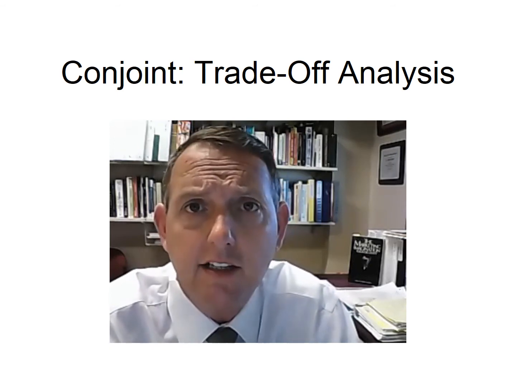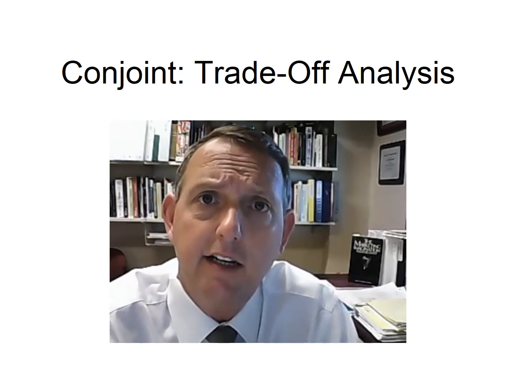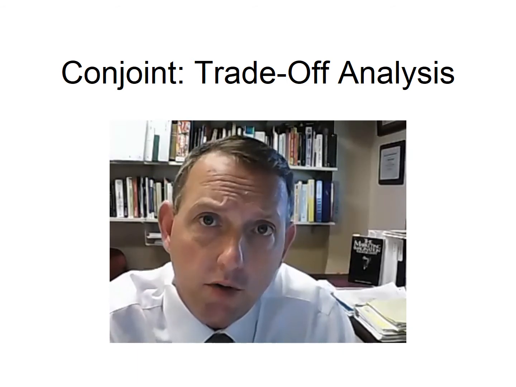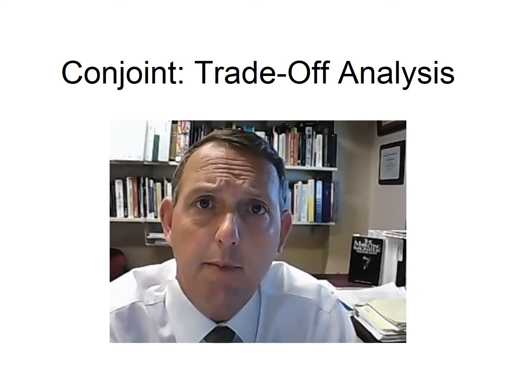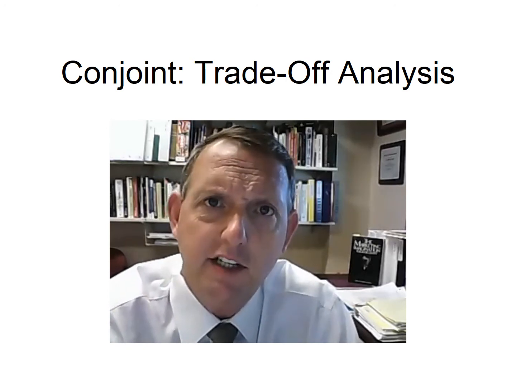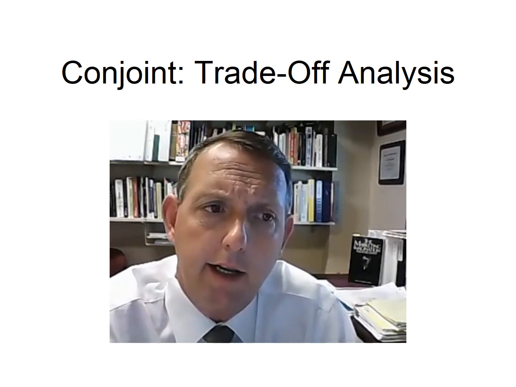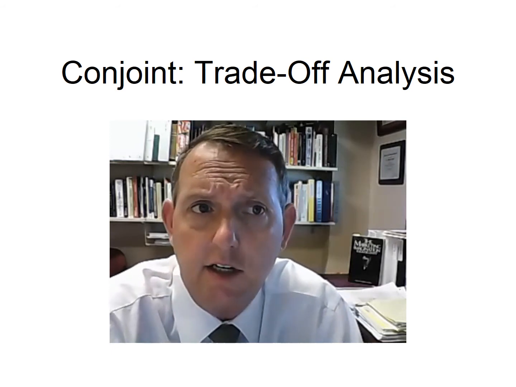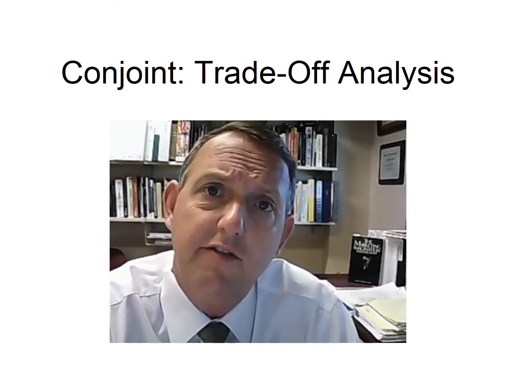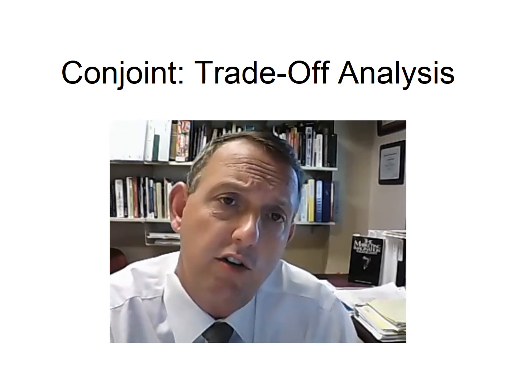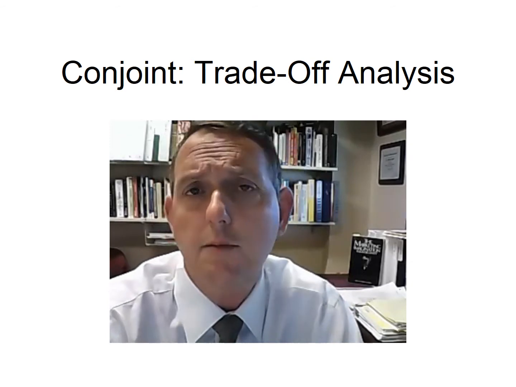Conjoint analysis is a technique that we'll use to break down or decompose a product based on consumer preferences, and consumers will make these trade-off decisions. They might want a lower price, but they're willing to sacrifice some efficiency or some other feature that the product has in order to get that lower price. And so they're willing to make a trade-off.